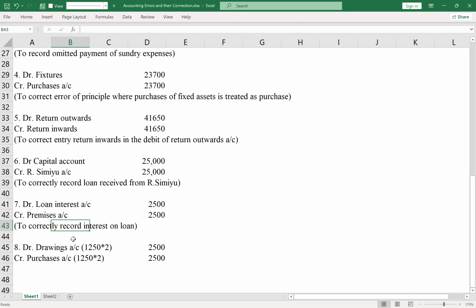So we are going to debit the drawing account with 1,250, and then we credit the purchase account, which had been debited with the same amount. But remember, we have two transactions taking place.